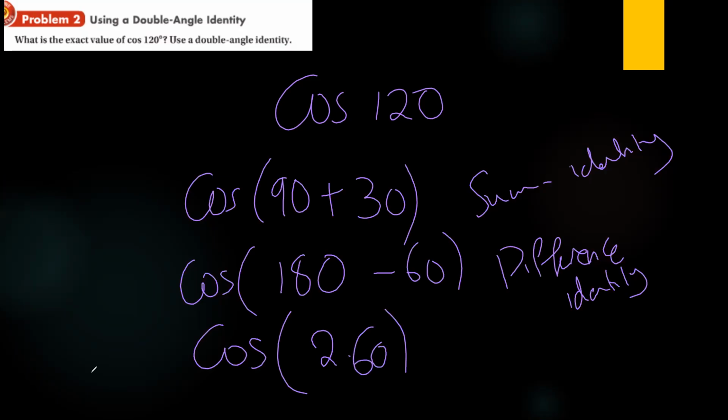I know cosine of 60, so I will use the double angle identity in order to find cosine of 120. So these are 3 ways to find cosine of 120. Let's now use the double angle identity.